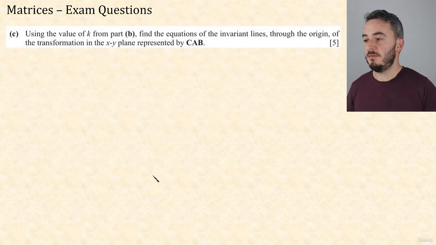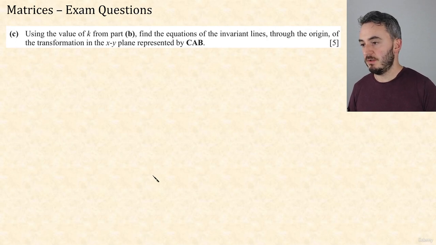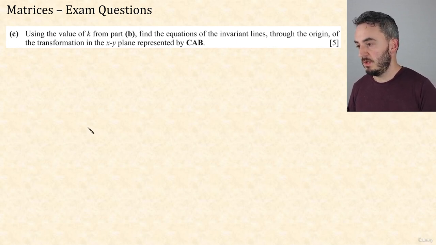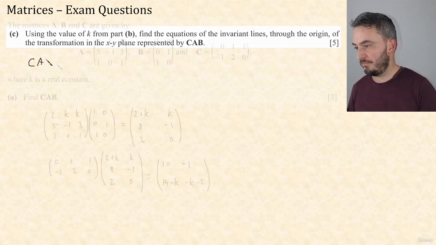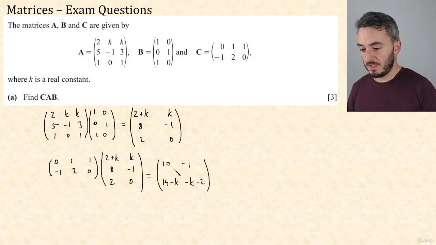And then part C, using the value of k from part B, find the equation of the invariant lines through the origin of the transformation of the xy plane represented by CAB. Okay, so we need CAB, but now with k is minus 2. So we're just taking this answer and subbing in minus 2. So we're going to get 10 minus 1, 16, and 0.